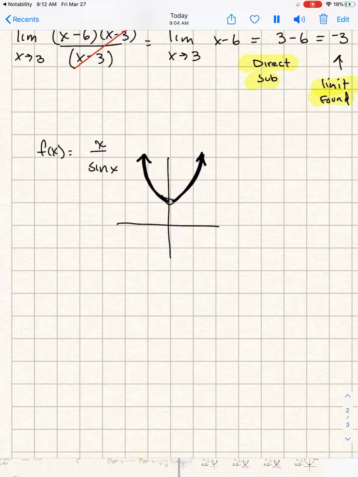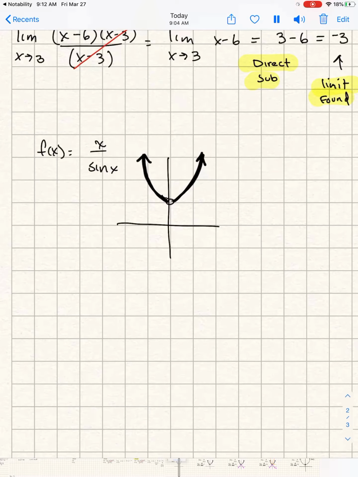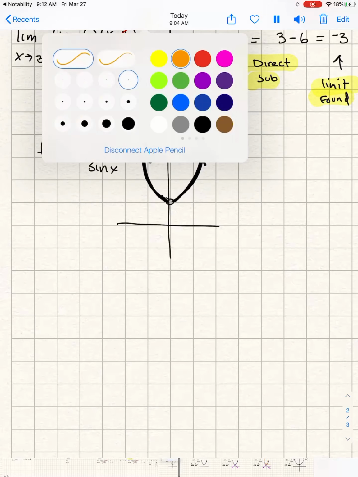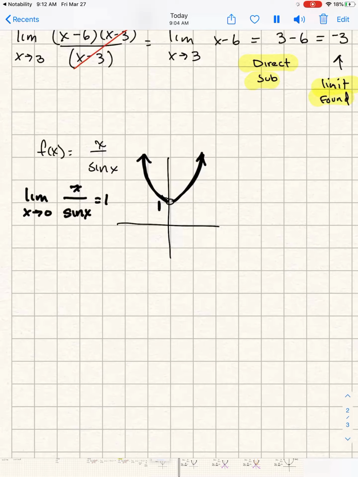Okay, so for squeeze theorem, if you're picking two functions that you want to help you find the limit, they must both approach the same number that our limit right here would approach. Like if we're looking for the limit as x goes to 0 of this x over sine x, we know that that is equal to 1 based on the graph.